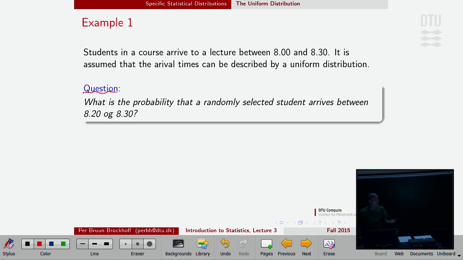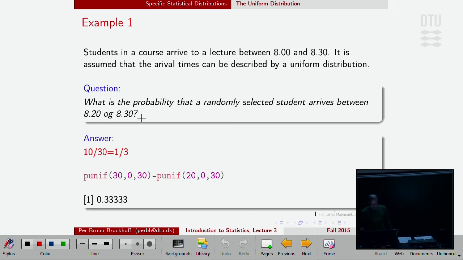Since now we have put it into math, we can get different features out of this just by looking at the math and the probabilities. For instance, what is the probability that one of you, a randomly chosen one, would appear between 8:20 and 8:30? What's the answer? No trick question. It's 1/3. That's the obvious answer, and it is the correct thing.